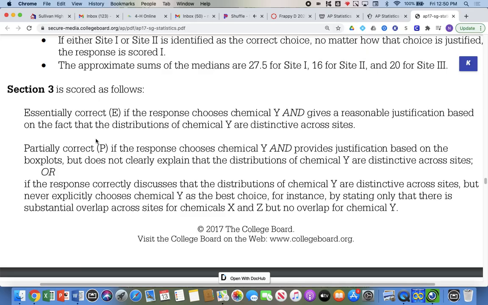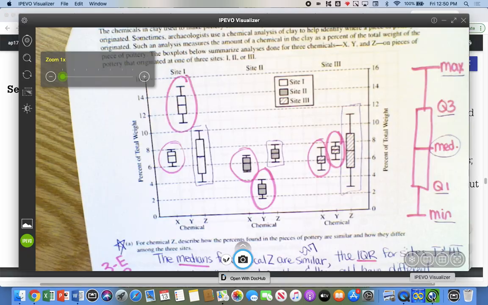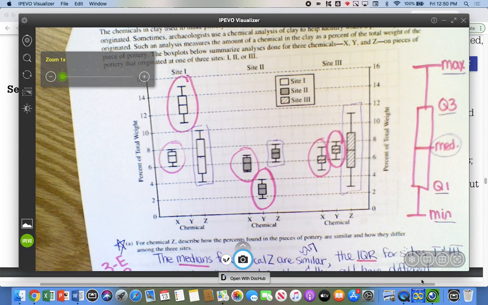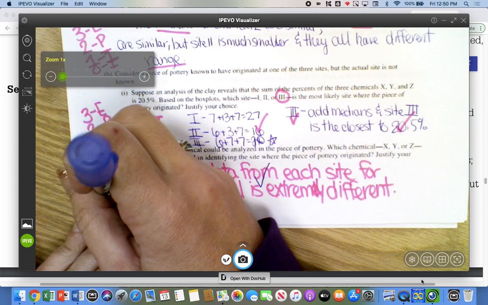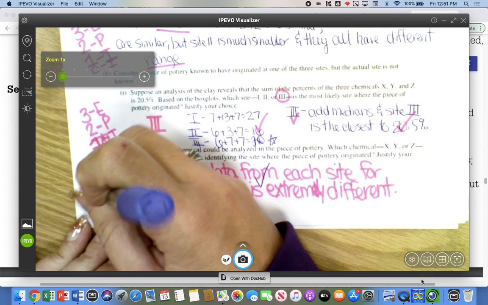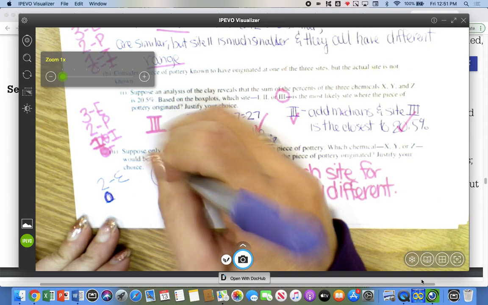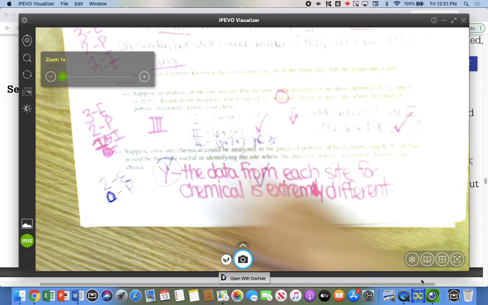So you have to say chemical Y and give a reason to get an E. You have to have both parts to get an E. If you just say chemical Y, you get a P. And then if you pick anything else, that's an I.